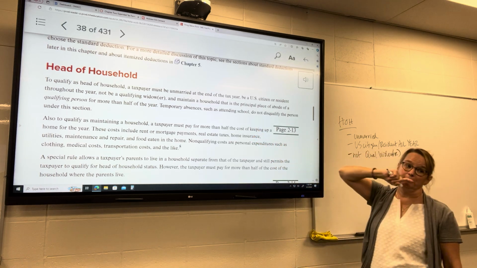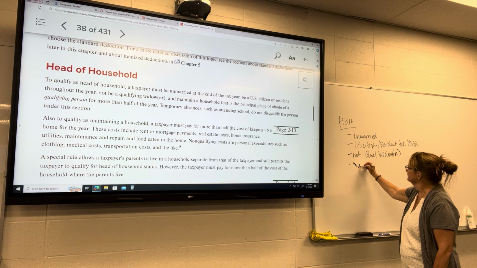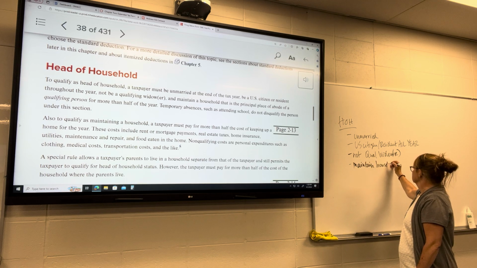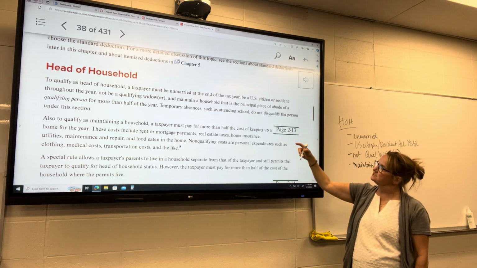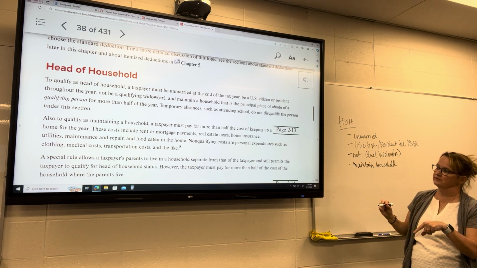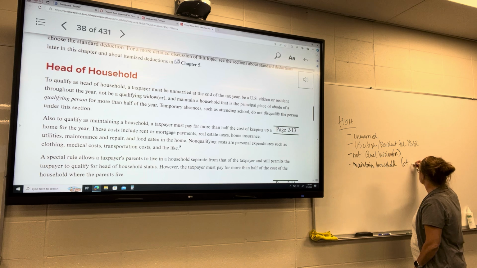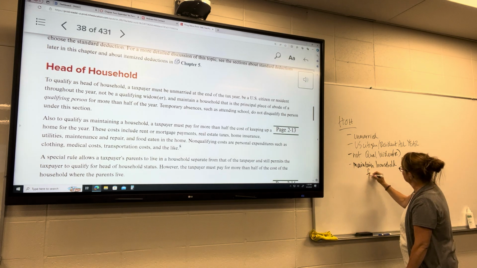And this is the tricky part. You have to maintain a household that was the principal place of abode of a qualifying person for more than half of the year. Maintain a household for 6+ months for a qualifying individual.